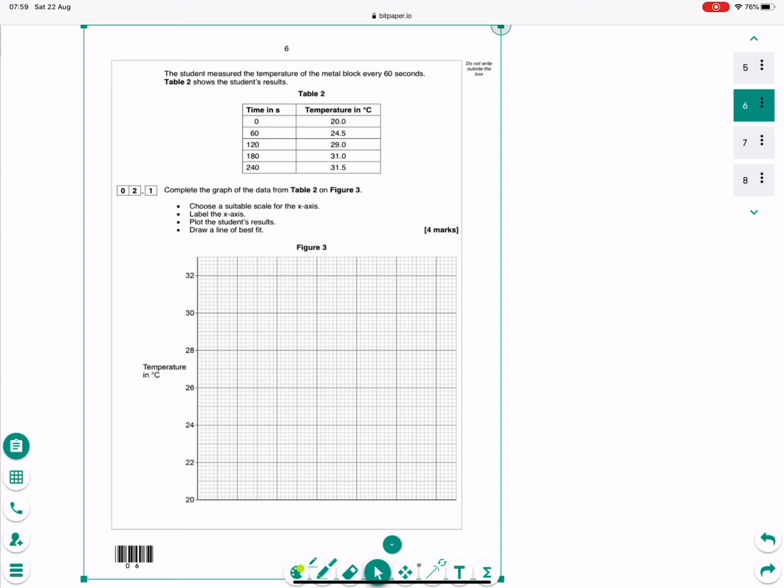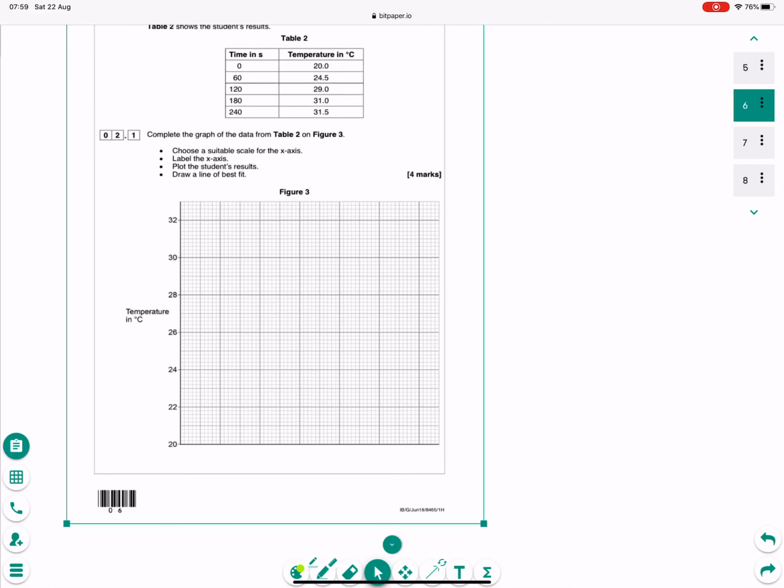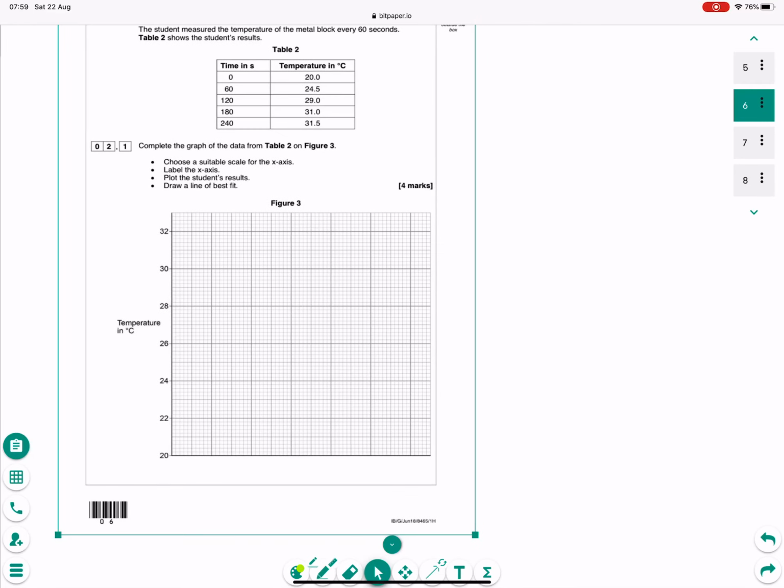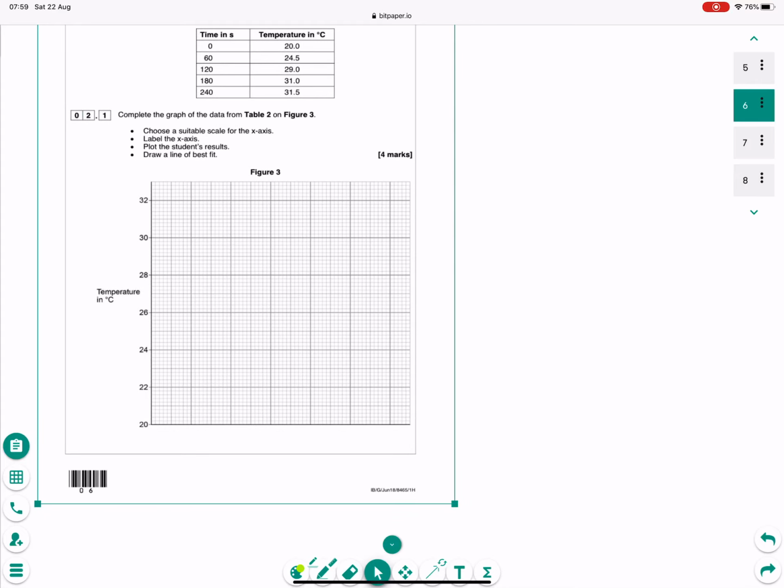Choose a suitable scale for the x-axis, label the x-axis, plot the student's results, and draw a line of best fit. Okay, so you want to go with something simple, but it needs to cover a good portion of this graph. Let's enlarge a little bit.